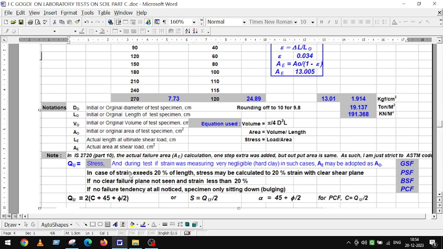In case of strain, at 20% of strain, stress may be calculated, which I already calculated, which deflection will be plastic shear failure. If the strain measured during the test is very negligible, then it is general shear failure.